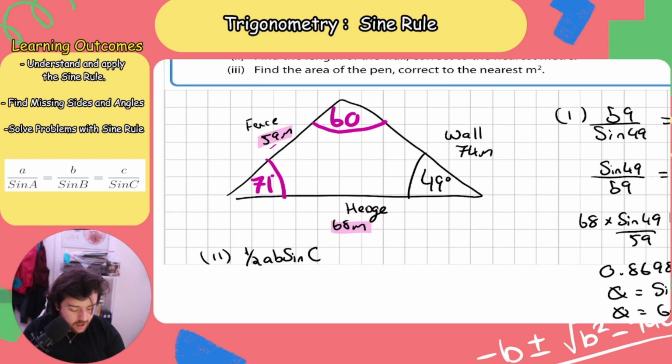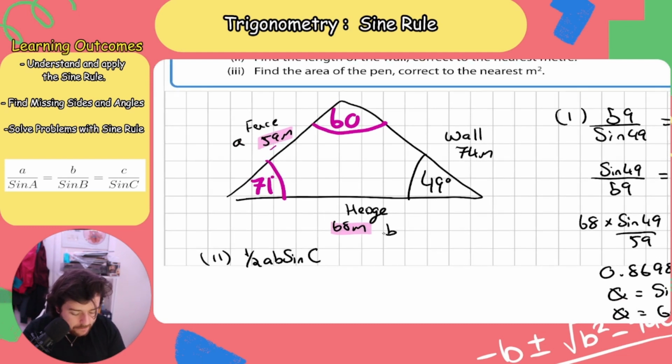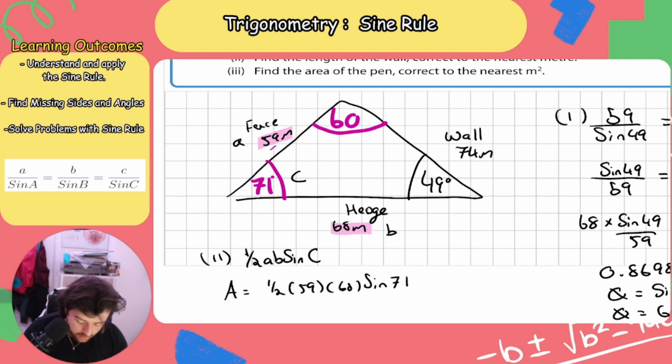So I'm going to label that a, b, C. The area is equal to a half times 59 times 68 times sine 71.